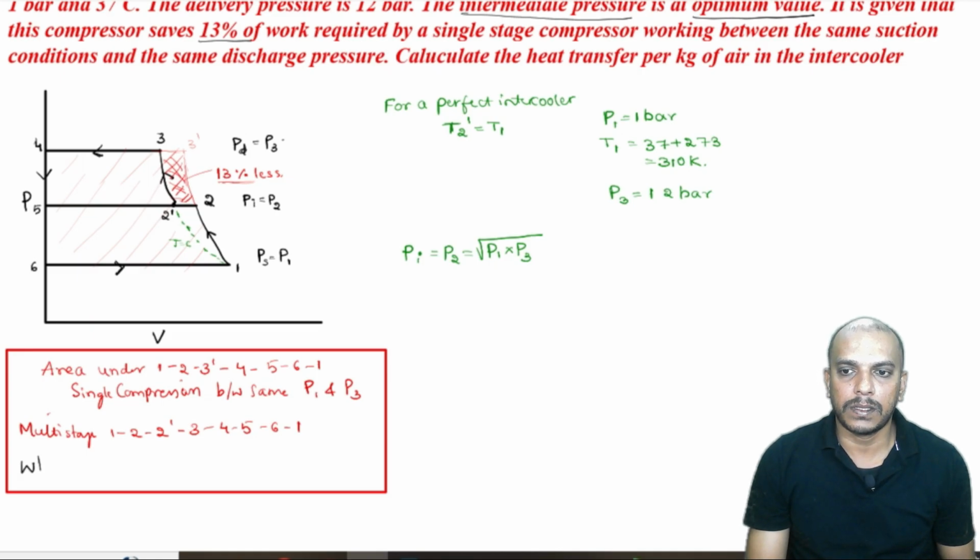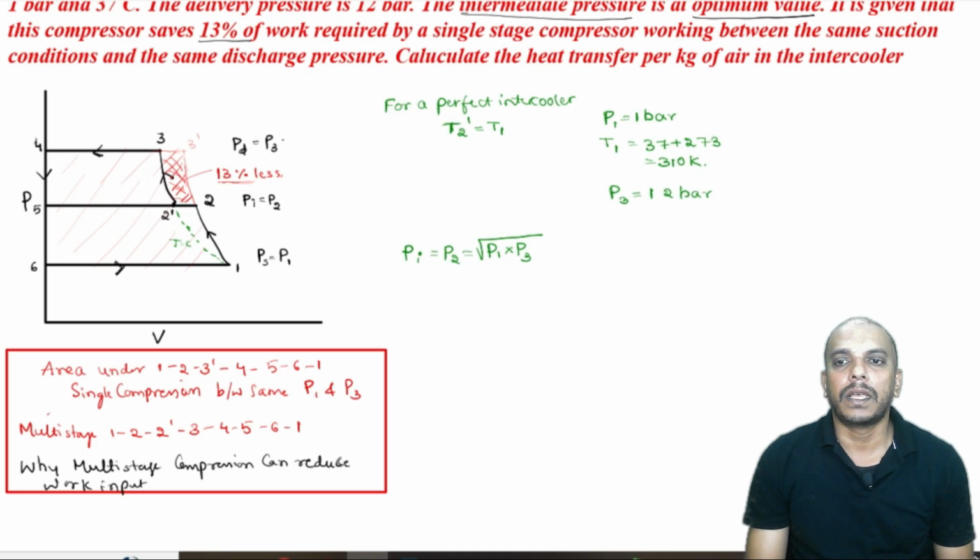So, this is the answer to why multi-stage compression can reduce work input. Because the area under the curve is the indication. The area under the curve shows that some amount of work can be saved if you go for multi-stage and also intercooling.